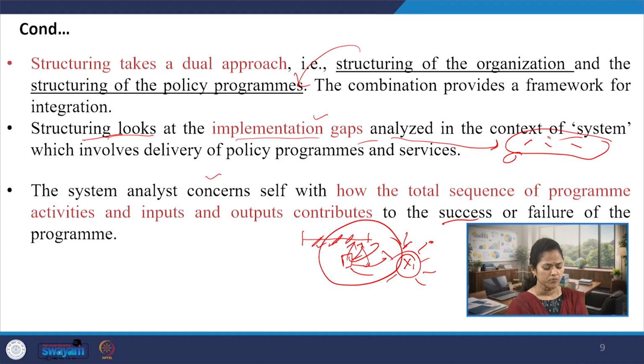Moreover, by using this system approach, it evaluates how inputs like policy needs, policy demands or resources are converted into outputs in terms of policies or laws. That is the reason this approach has greater relevance in today's society.